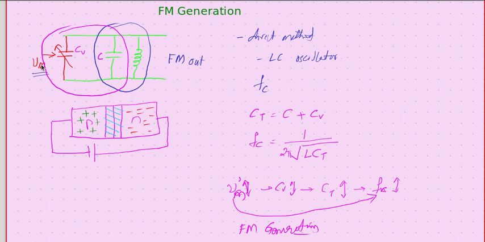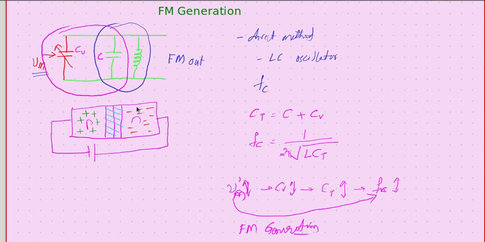The best thing we can look at is a reverse biased diode. When a diode is reverse biased, then the positive holes are attracted towards the negative terminal, so they move to the left side.